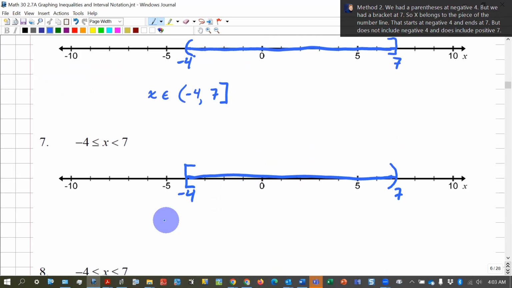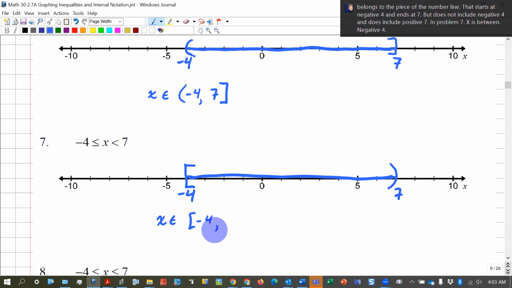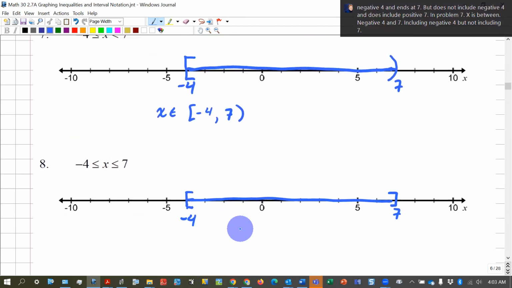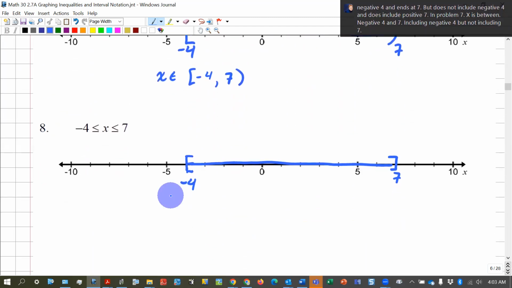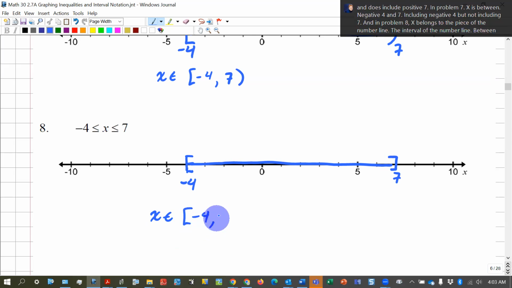In problem 7, X is between -4 and 7, including -4, but not including 7. And in problem 8, X belongs to the interval of the number line between -4 and 7, including both endpoints.